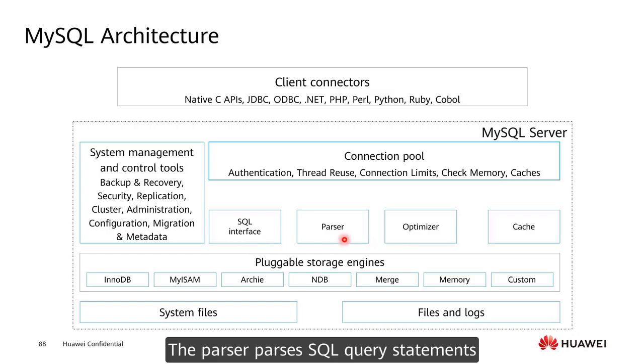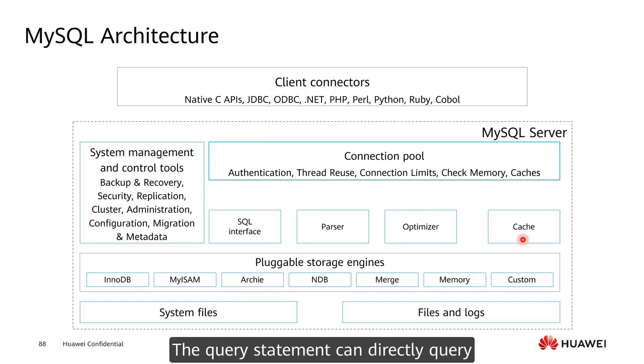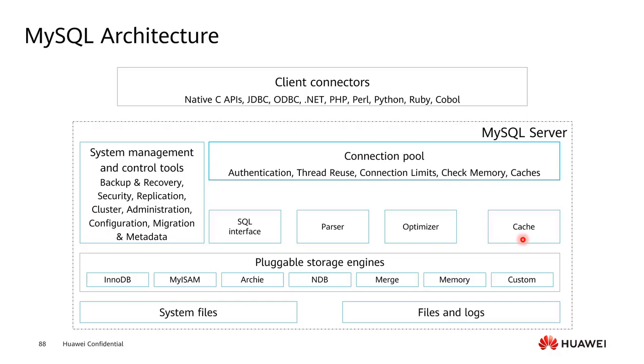The parser parses SQL query statements into internal query plans. The query optimizer optimizes the query plan to improve the query execution efficiency. If the query result is hit in the cache, the query statement can directly query the data in the cache without executing the SQL statement.